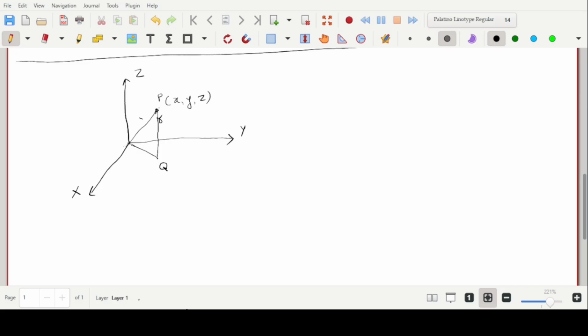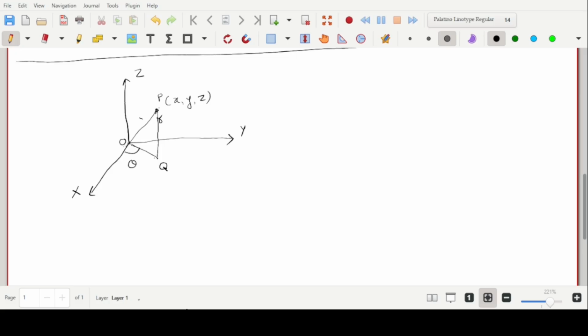Now if this is the origin and we call it O, then let this OQ make the angle theta with the positive x-axis. Okay, so this is theta that we have defined.